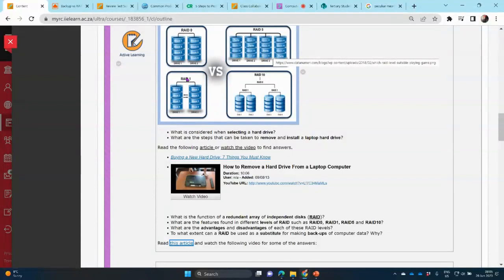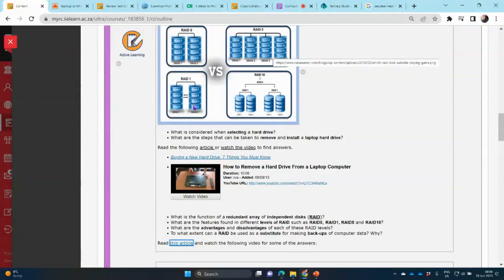Then this is RAID 1, which is just mirroring or just duplexing. A mirrored drive means I'm using a single controller connecting to both of these hard drives. With a disk duplex, it's also RAID 1, but the difference is I've got 2 separate controllers connecting to my motherboard. So even if the controller fails, one hard drive is still available.